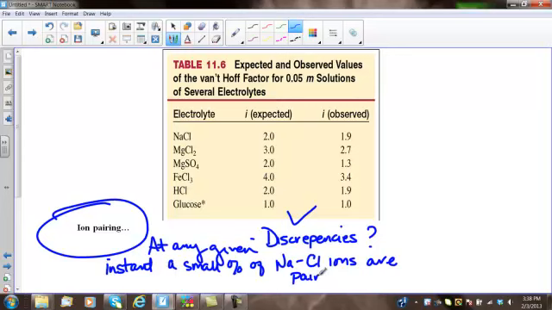So there may be some that didn't dissociate at a given instant, or not yet, and therefore are counted as a single unit instead of 2, which is why the observed value is slightly lower. We see these discrepancies more in very concentrated solutions as opposed to dilute solutions.